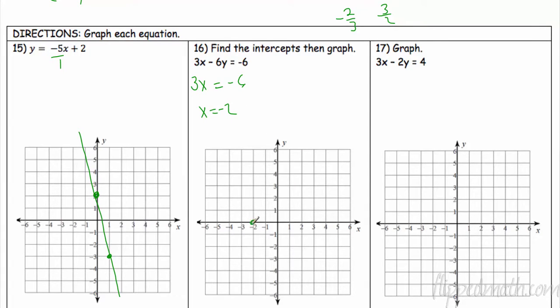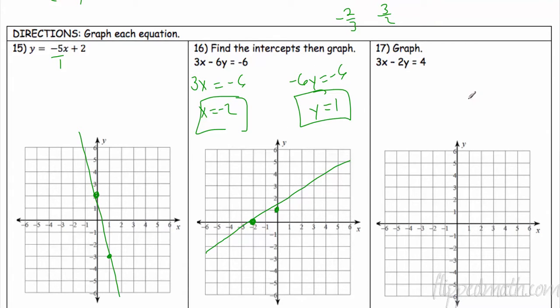So I put a dot here because y is 0. X is 0, I have -6y equals -6, divided by -6, and y is 1, so that's right here, because x is 0. All right. Make sure on the test you actually locate those. Those will be worth points.